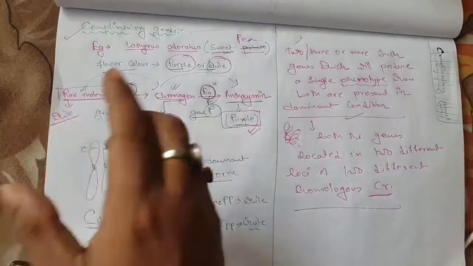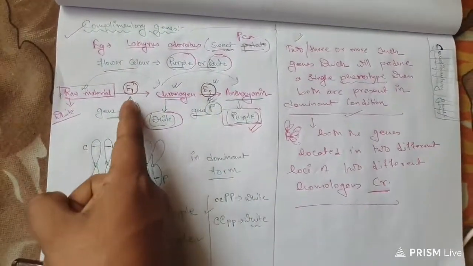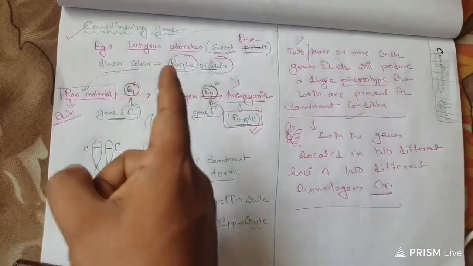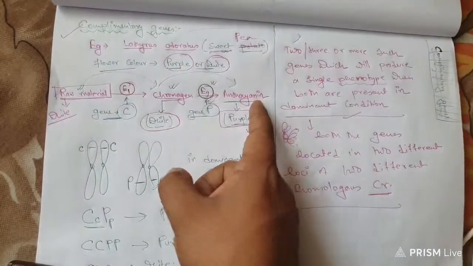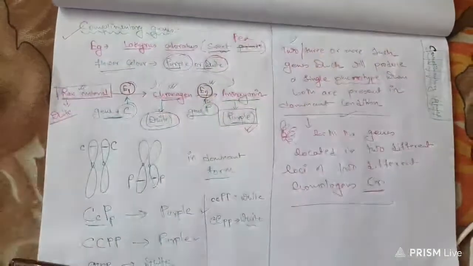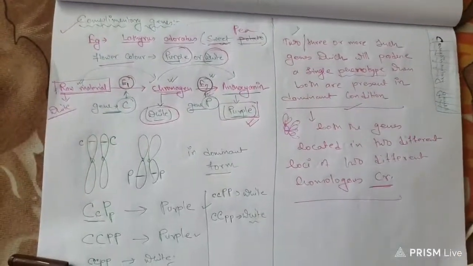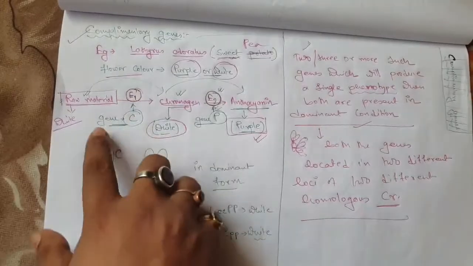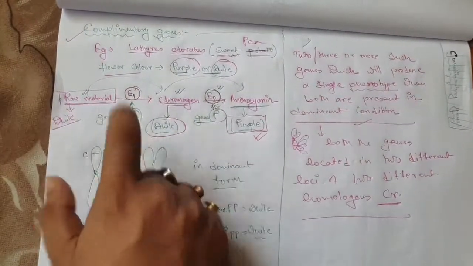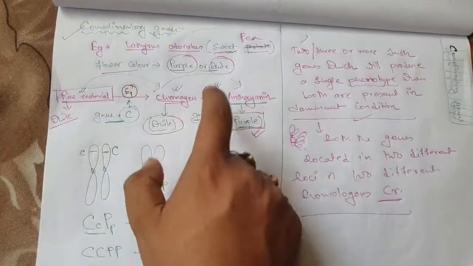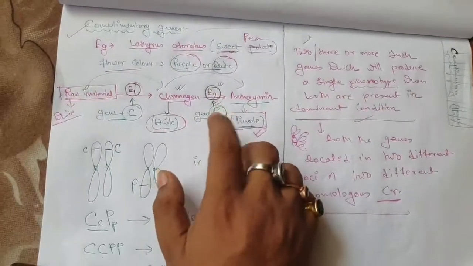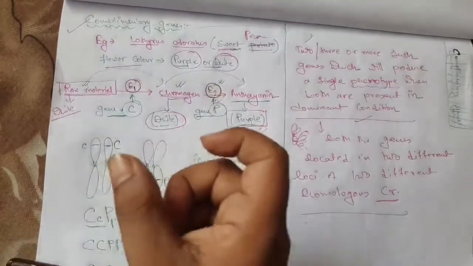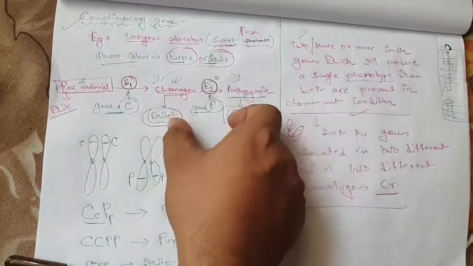From the raw material to chromogen conversion, responsible is enzyme 1, and from chromogen to anthocyanin conversion, responsible is enzyme 2. Now, enzyme 1 is actually produced from the gene C, and enzyme 2 is actually produced from the gene P.